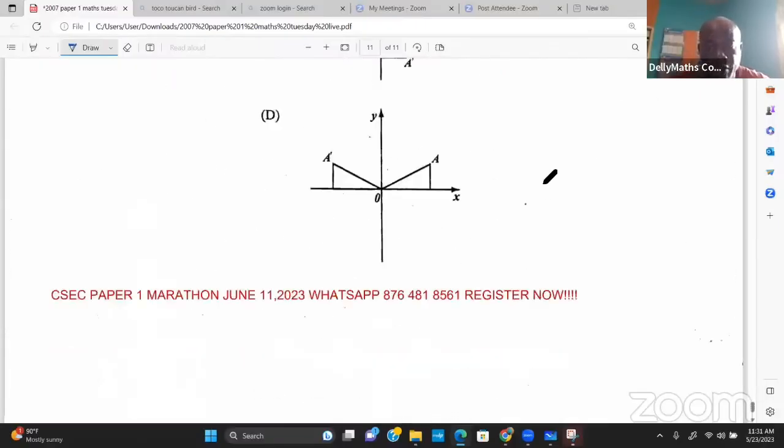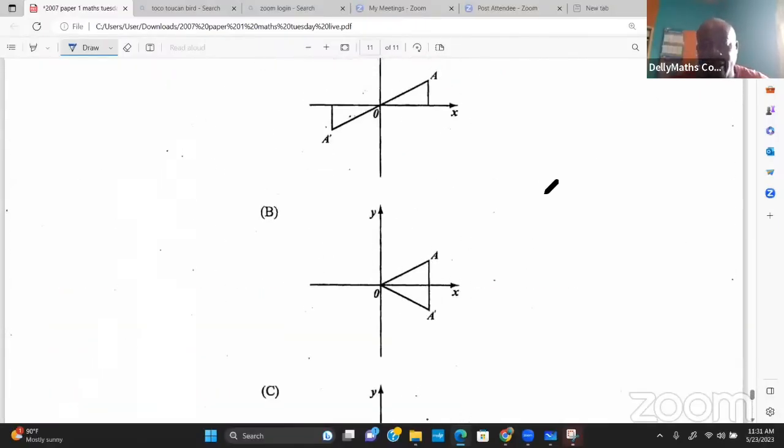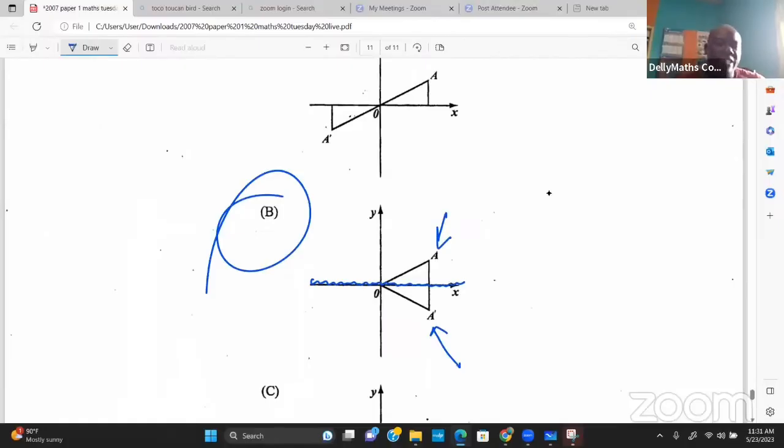Well, you could look for yourself. The x-axis is right here. And A reflected gives you this. Definitely. So the answer is B. You look at it, you're seeing the reflection in the x-axis. That is number 60 right there.